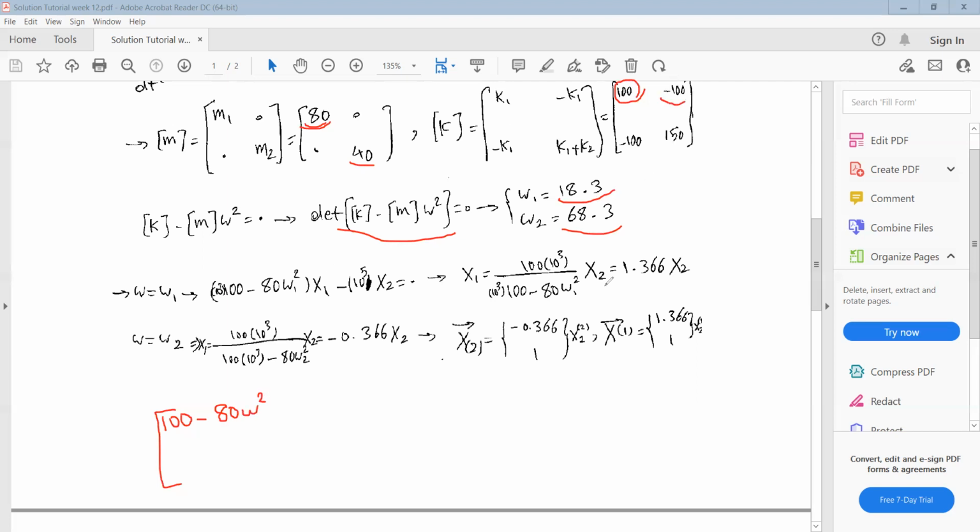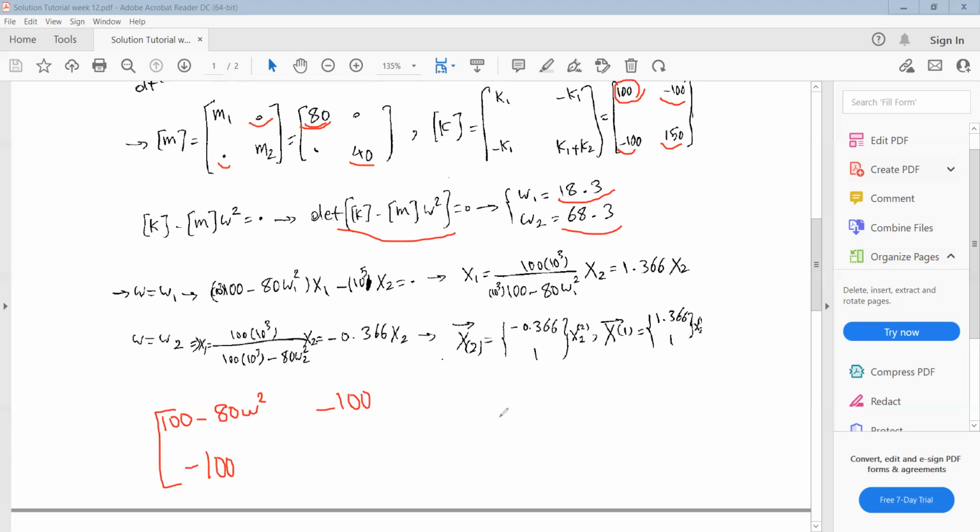The second component is minus 100. The corresponding component in matrix M is 0. The third one is again minus 100, and again the corresponding component in matrix M is 0.